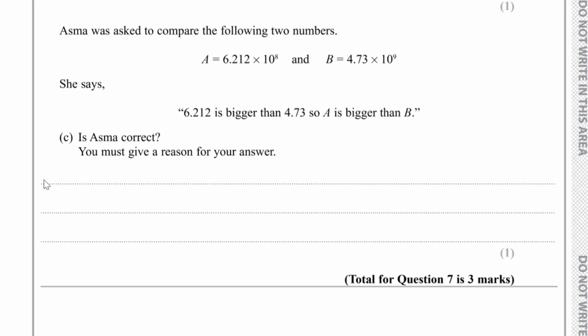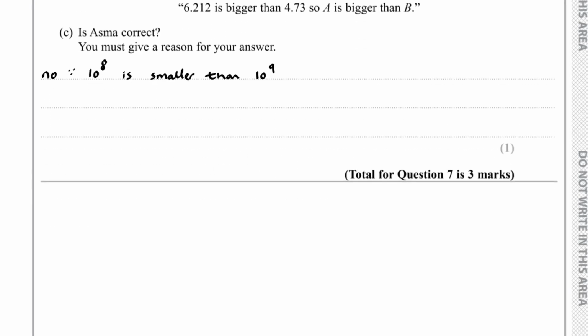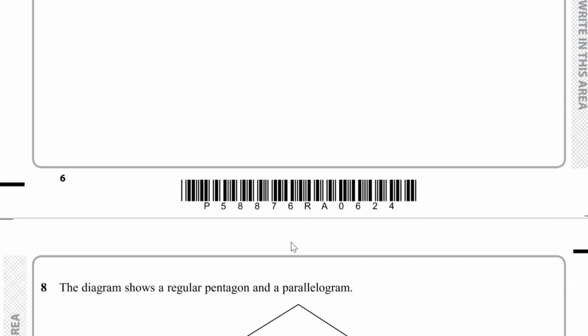Well, clearly not, because the 10 to the 8 is smaller than 10 to the power of 9. It's like saying 2 times 10 and 1 times by 10 squared. Obviously 1 times 10 squared is bigger than 2 times 10. So hopefully that makes complete sense.